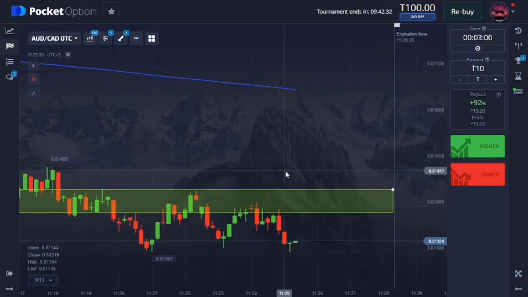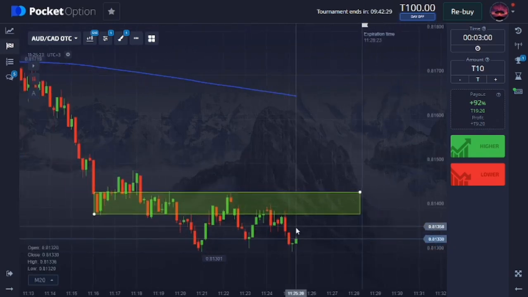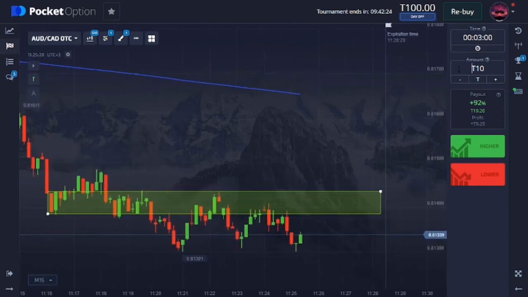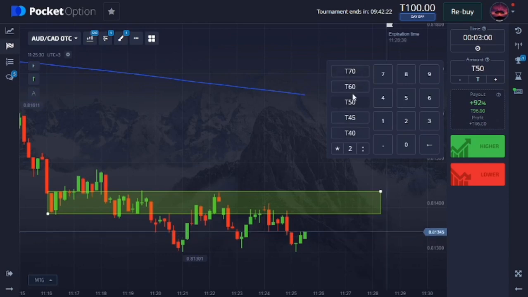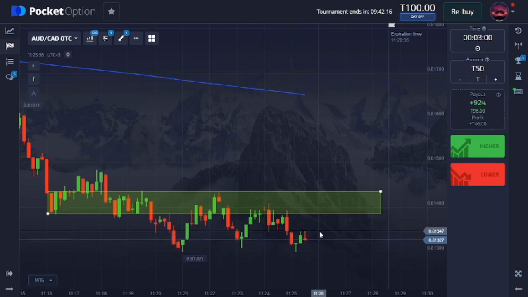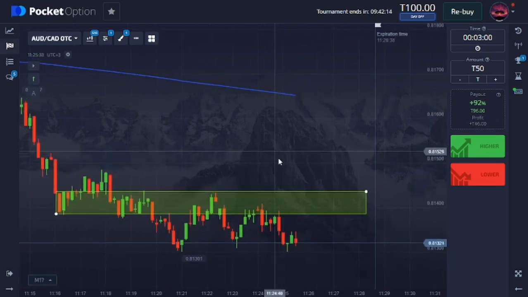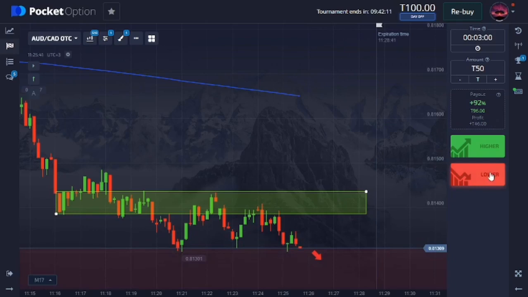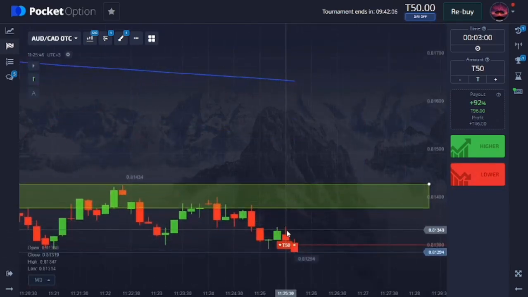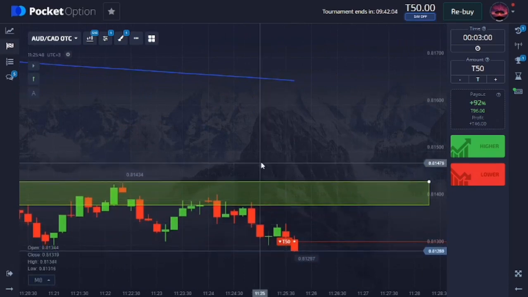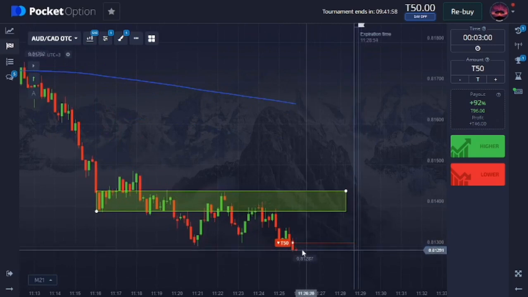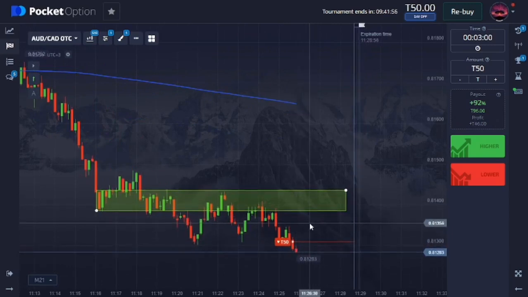So all I want right here is for the price to come back here or to the second gap. Then I will enter with half of the investment for 3 minutes. I think it touched this gap, so I think this is a good place. I should have entered right here, but it's okay. If it comes again to this place, I will be entering again.